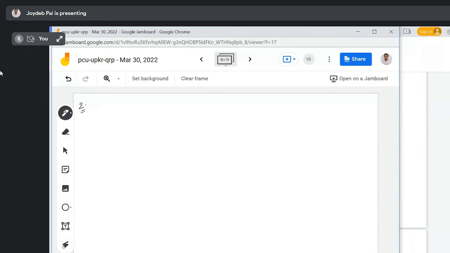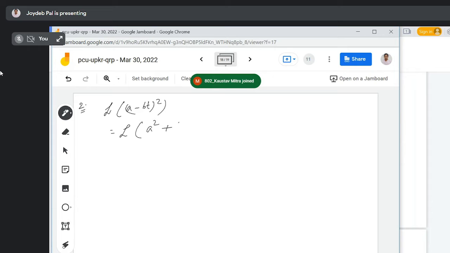it will become very difficult. If you cannot solve this simple problem, then it will be difficult to solve the other, harder types. The Laplace transform of (a minus bt) whole square. Laplace transform of a square plus b square t square minus 2abt.